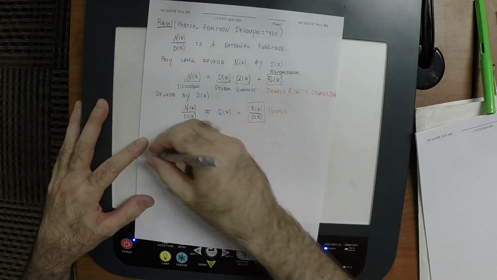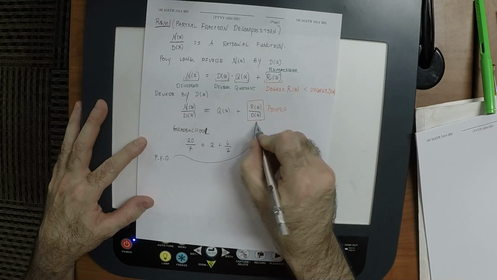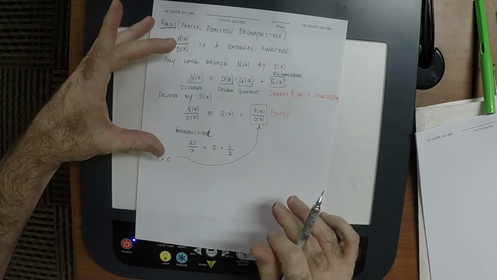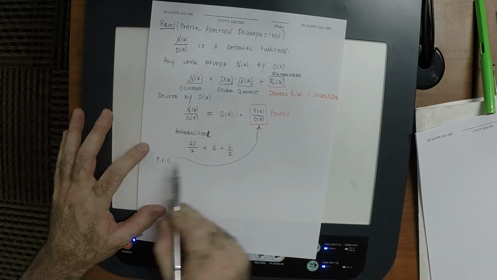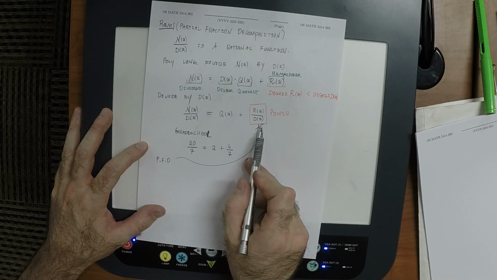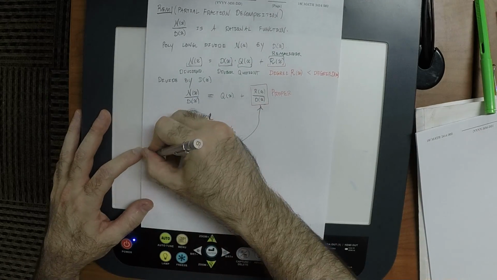So partial fraction decomposition acts on this. So you must do this first. You must perform a long division first, and then the decomposition occurs on that one. Okay. So now we'll have our first rule.